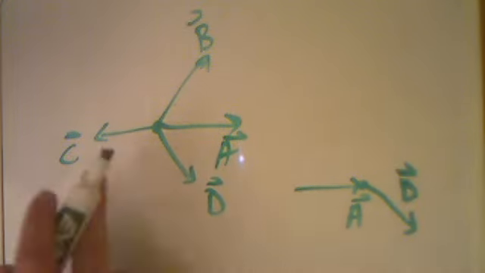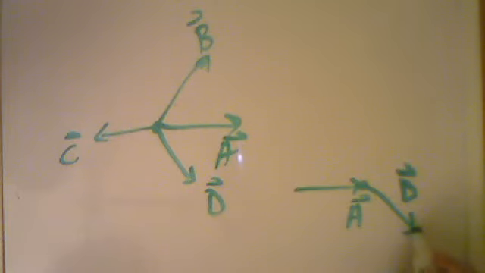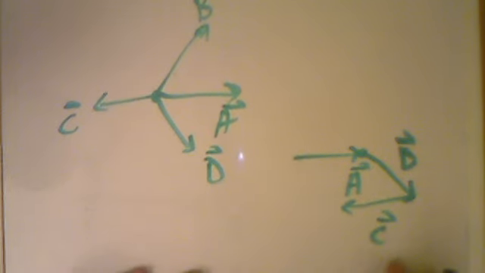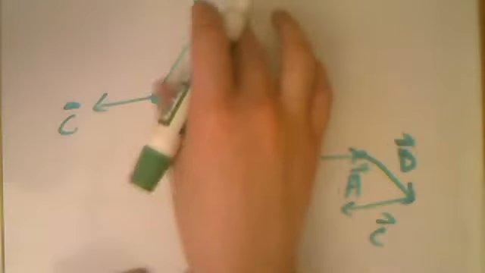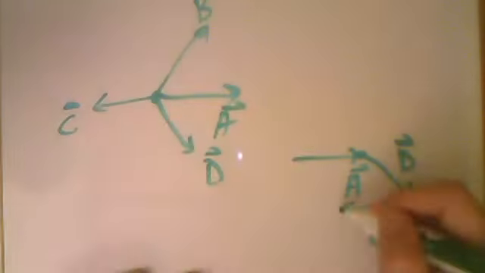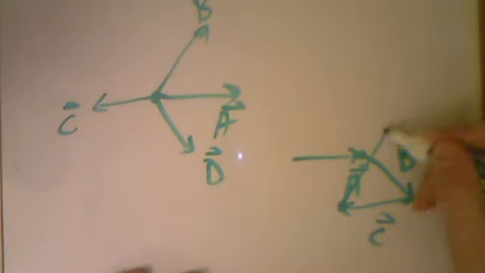And then I like C, so I'm going to draw C next. It's going to go horizontally in this direction, and this is C. Now, the last one, vector B: I copy the vector, put the butt onto the head, and it's going to be something like this, somewhere around here.